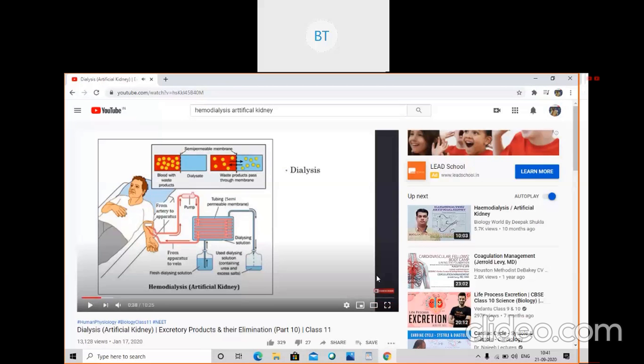Basically, what they are showing is how the blood with the waste product is cleaned. They are removing the waste product from the body. This is the filter where all the blood will pass, and with the help of the filter, all the waste product can be removed. If you can see, they have kept the filter here.